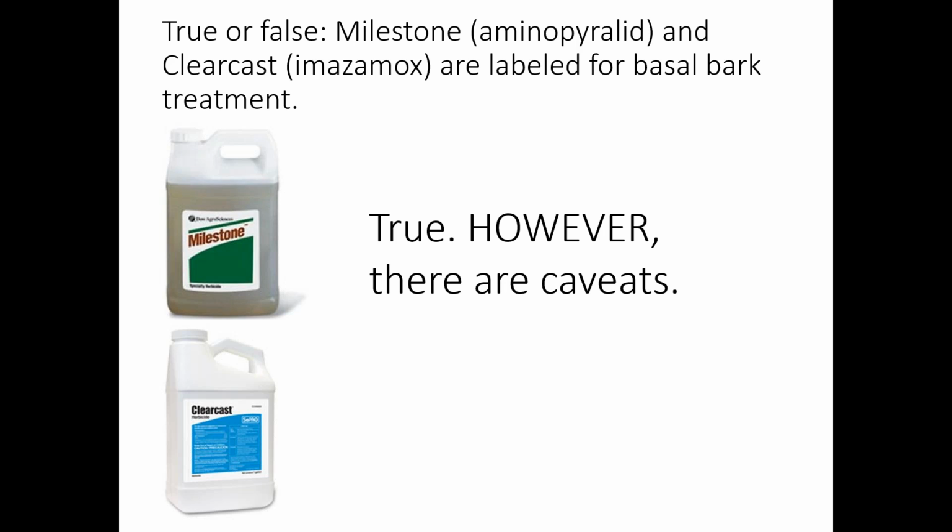So triclopyr ester with Milestone at like 1% Milestone with a very specific oil carrier mix, I think from AccuMix maybe, that would allow you to do that. They felt like they had enough data to suggest it reduced lateral root sprouting. Okay, so the caveat is it's a water soluble product that you have to have a special oil carrier to actually get it to really disperse within the oil.